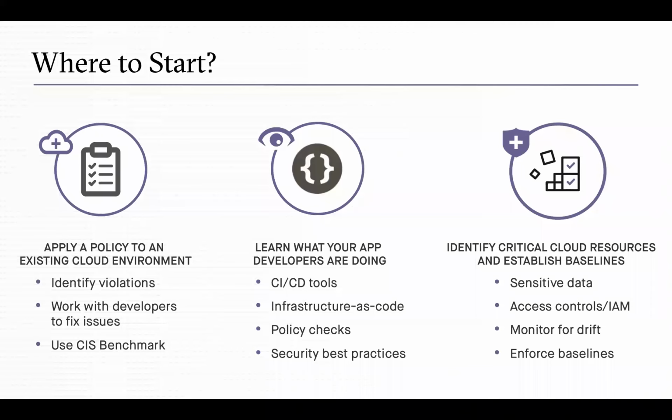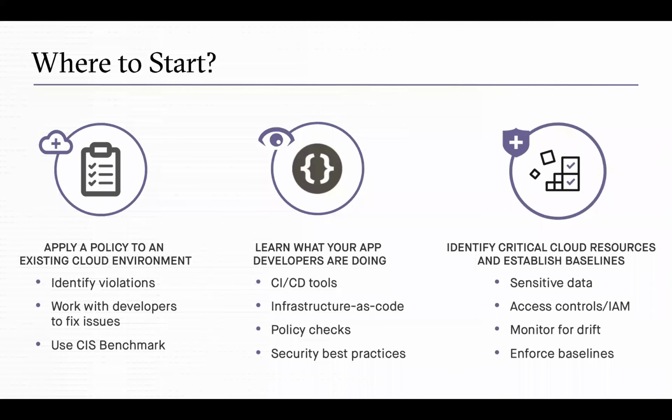And then as you mature, you can start to establish baselines. You can identify them as critical cloud resources and establish those baselines. And these are the baselines I was talking about before, the exact configuration of that collection of infrastructure. You might want to start with things that have particularly sensitive data or that are really problematic services from a drift perspective, like access controls, IAM.